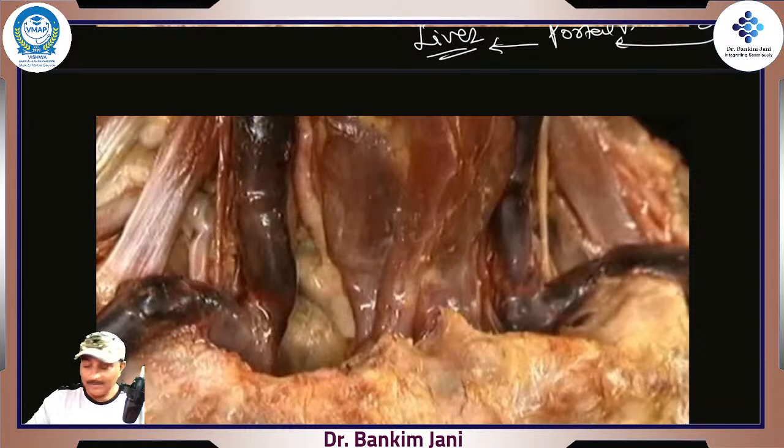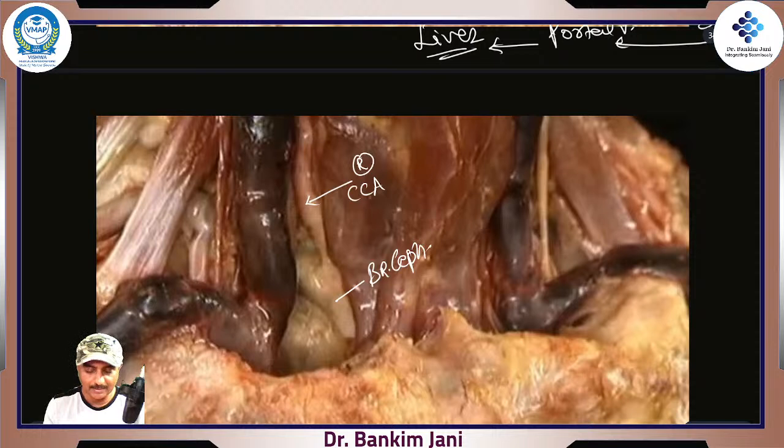Well, this you can take for practice. Just this structure, right? That is our right common carotid artery, right? Because this is our brachiocephalic artery, correct?